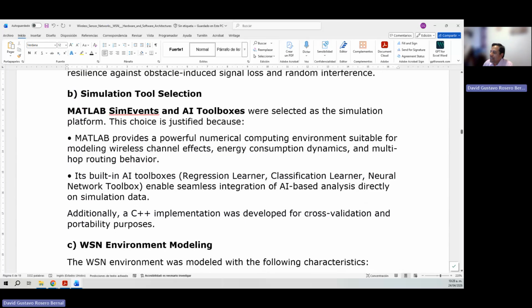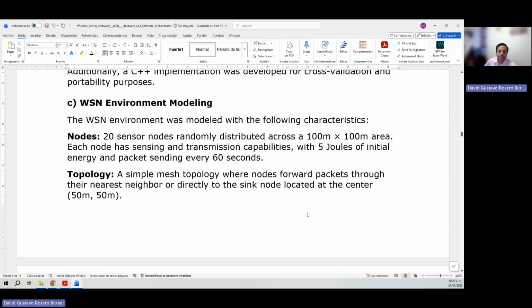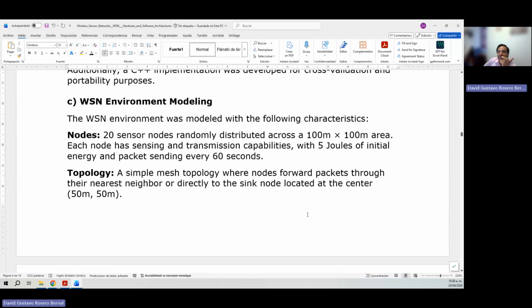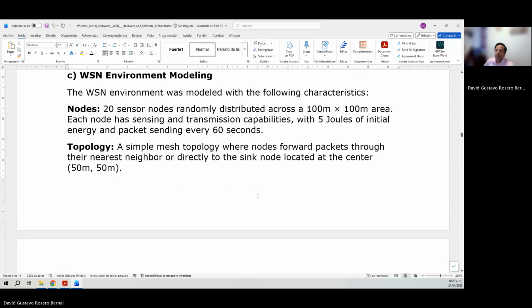The WSN environment model was modeled with the following characteristics. I have included 20 sensor nodes randomly distributed across a defined area, 100 meters by 100 meters.